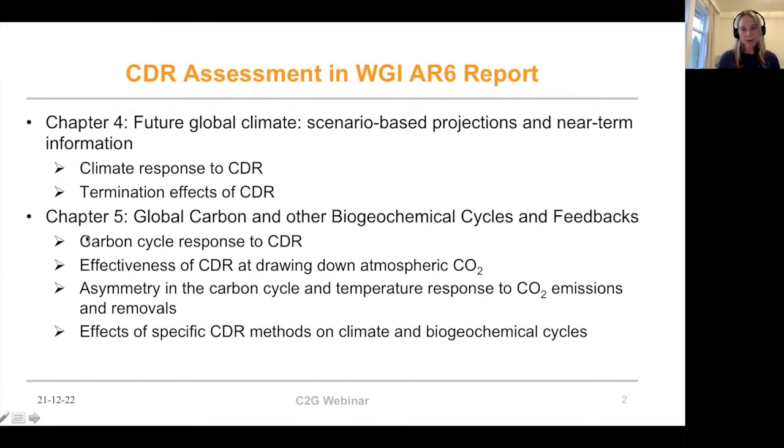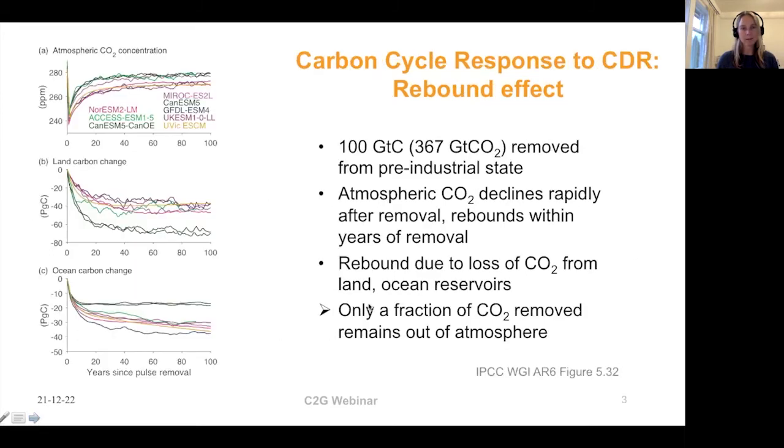Whereas chapter 5, which is the chapter on carbon and other biogeochemical cycles, looks specifically into the carbon cycle response to CDR and addresses aspects such as the effectiveness of CDR at drawing down atmospheric CO2, the asymmetry in the carbon cycle and temperature response to carbon dioxide emissions and removals, and the effect of specific CDR methods on climate and biogeochemical cycles.